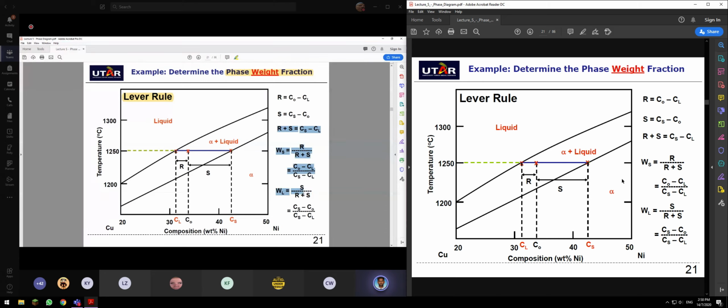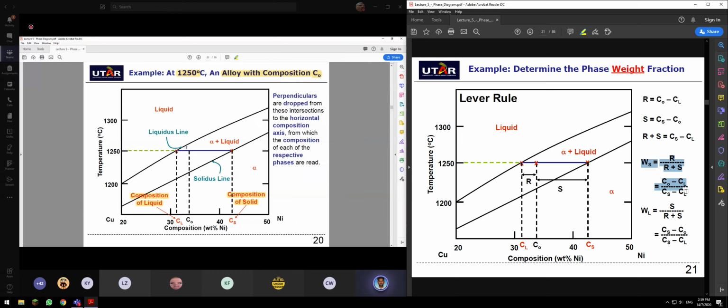I will explain to you in detail. This is just a description. I'll explain to you, don't worry.